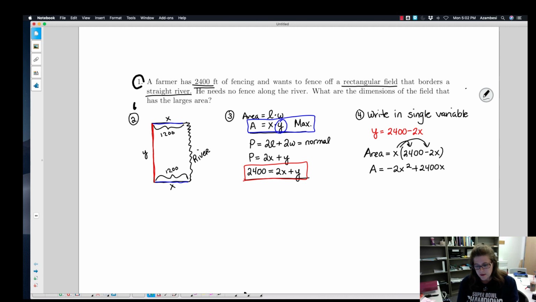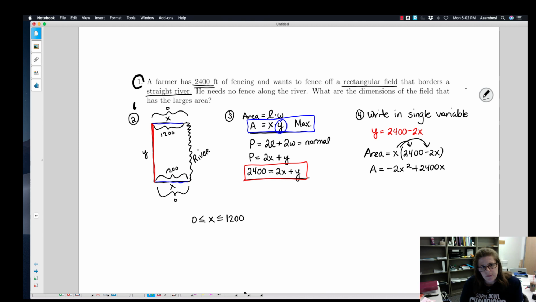But the smallest that x could be is essentially 0. So I could have a really long, narrow field where this thing goes to 0, and what I have is a little strip along the river at that point. So either I have a really deep one where the x values are really long, up to 1,200, or I have a little sliver of x and I have a really long thing along the river. Those are my two bounds in my domain. So 0 has to be less than or equal to x, which has to be less than or equal to 1,200.